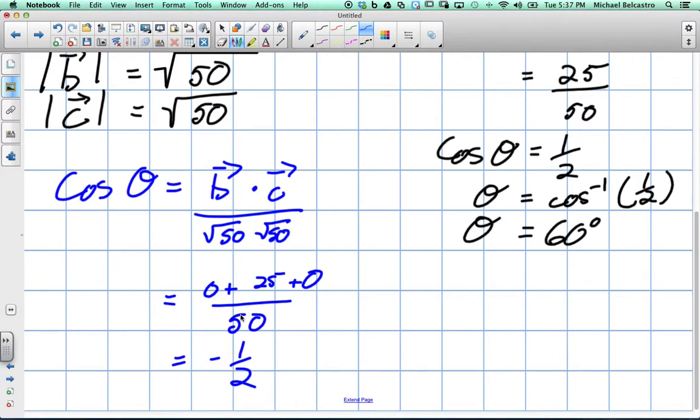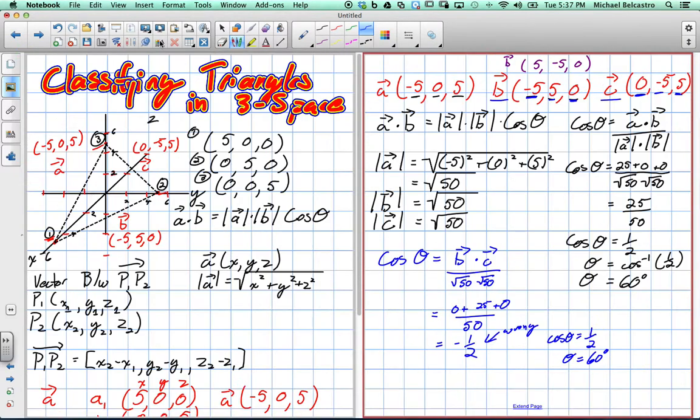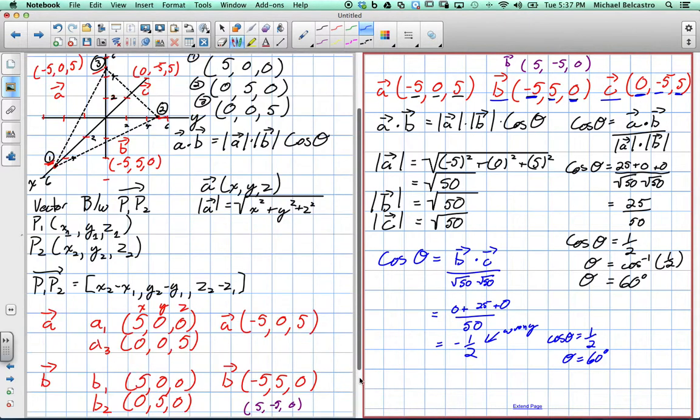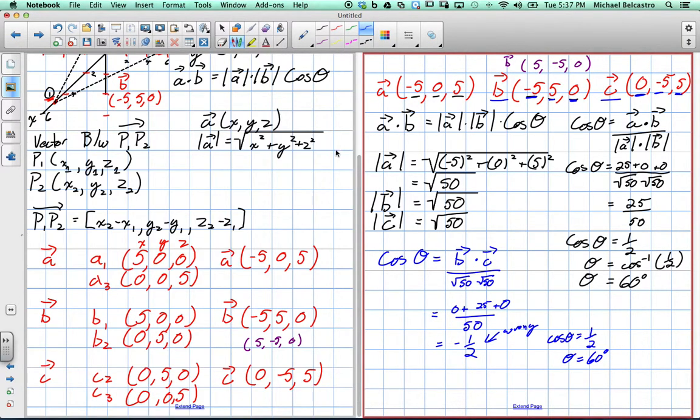So this gives us positive 25. So this was a mistake. This was wrong. It should be 1/2. And we know that the cos inverse of a half is going to be 60. And if 2 of the angles are 60, then all 3 of them must be 60. And therefore, we can safely say that this is an equilateral triangle from all this information.